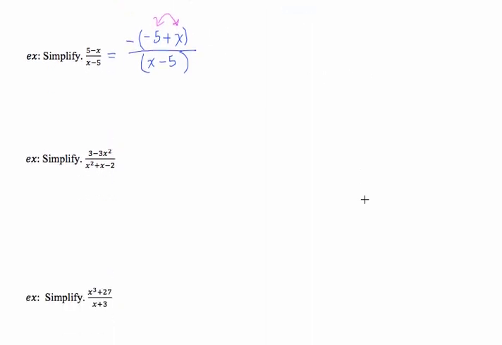And if we reverse those two terms, we get the negative of x minus 5 over x minus 5. And now they look the same, x minus 5, x minus 5. So we're left with negative 1 divided by 1, or just simply negative 1. Okay, and make sure you're trying these on your own each time.